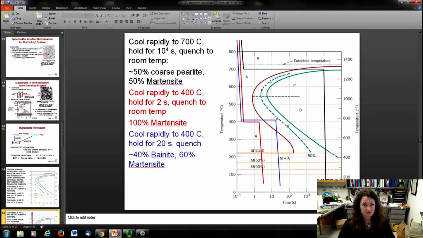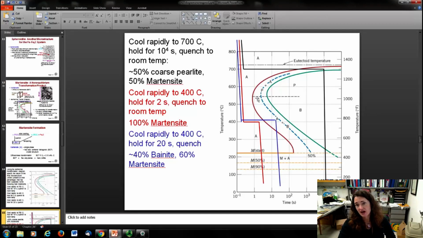Next one, I've indicated this one in red. Cool rapidly to 400 C. That's this near vertical line all the way down to 400 C. Hold for 2 seconds, that's my little horizontal line right here that only goes out to 2 seconds or so, and then quench to room temperature, another near vertical line. So you can see that it's really not even had time to transform to bainite.